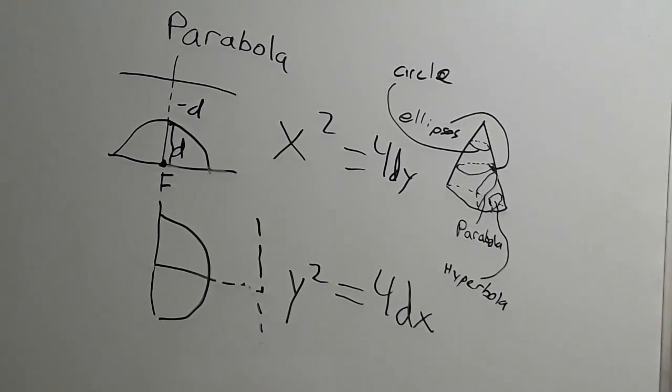The focus point is the distance from the maximum or the minimum of the graph to the focus point. It's kind of weird. Now we have this part where it's a negative d. And at that negative d, it's called a directrix. I'll write it down for you.